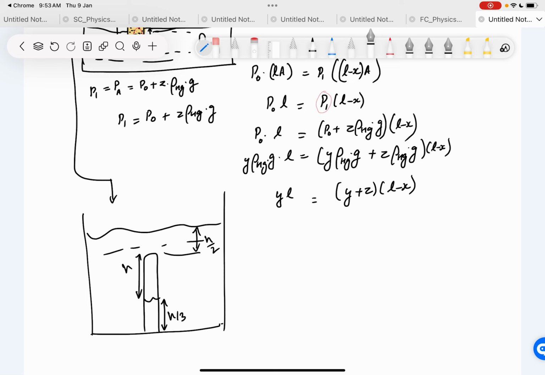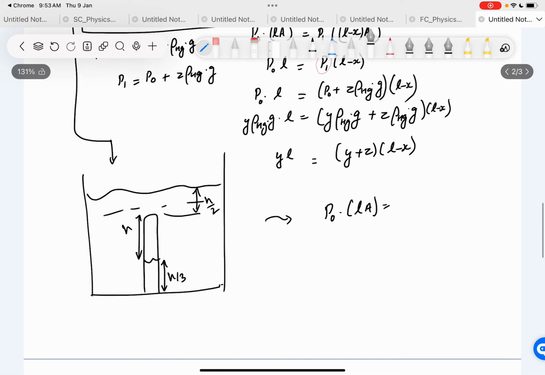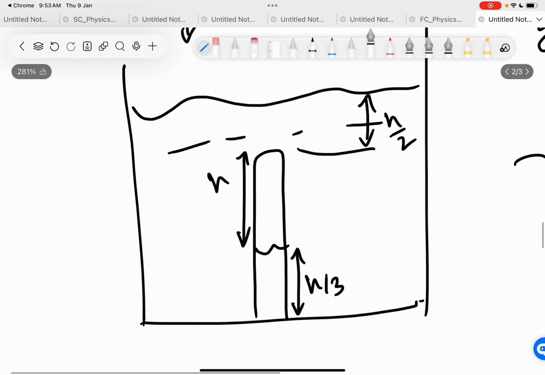The same idea you can apply. You just have to go through the isothermal process. P naught multiplied by L times A is equal to, now let's say that the present pressure over here is nothing but some other value. Let's call it P2 over here.